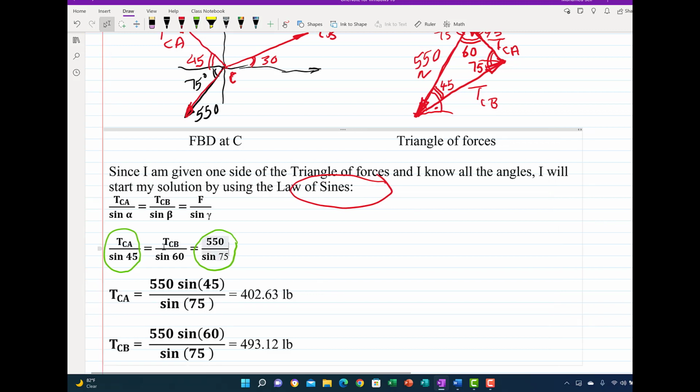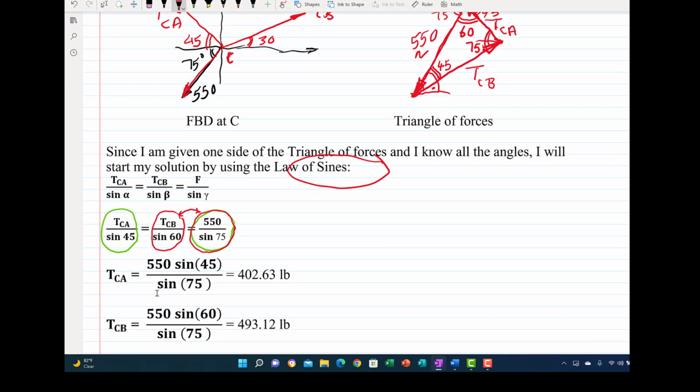Now if I would like to calculate TCB, I'm going to equate the same known term, where all the values are known, with the TCB term. So TCB will be 550 divided by sine 75, multiplied by sine 60.